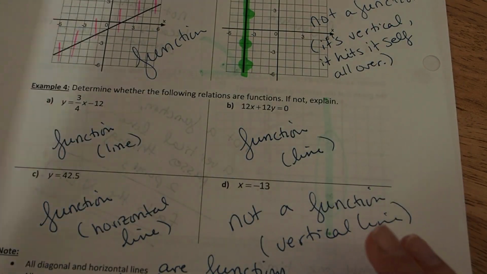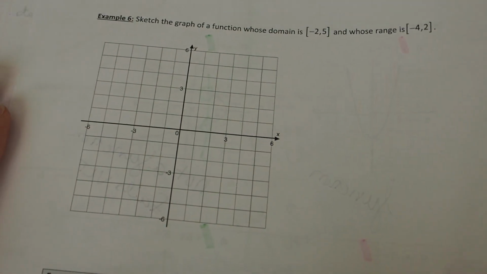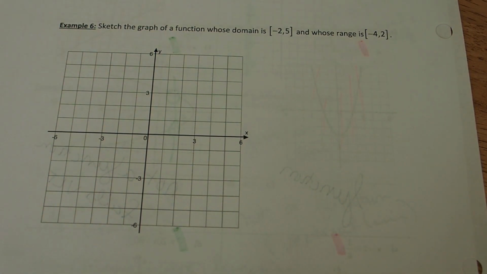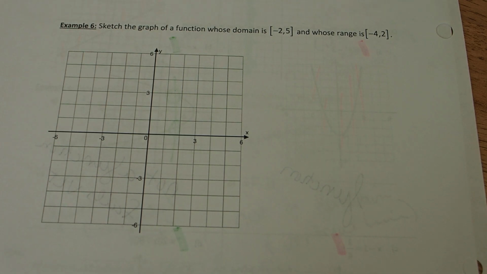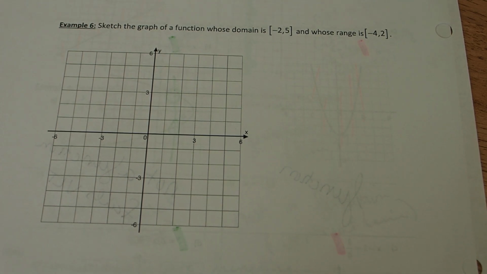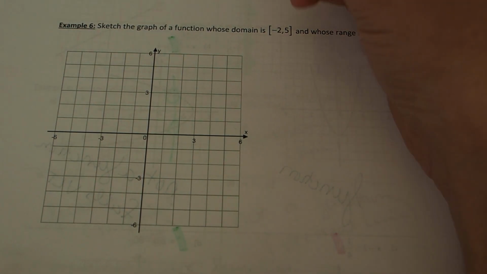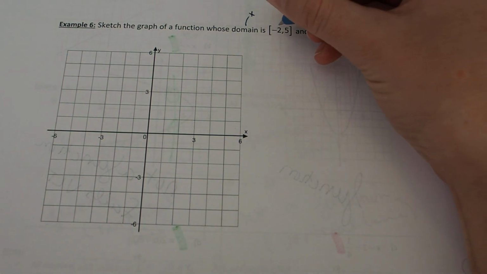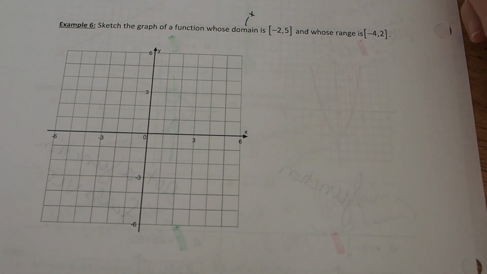All right, next page, example 6. Sketch the graph of the function whose domain is -2 to 5 and whose range is -4 to 2. That means I want the lowest of the domain, or x values, to be -2 and the highest to be 5.